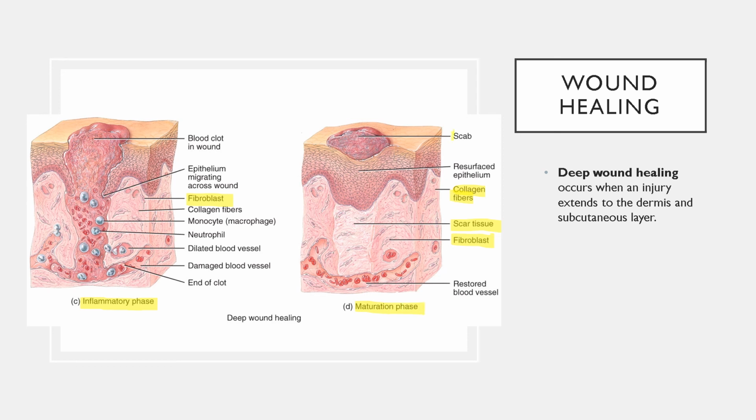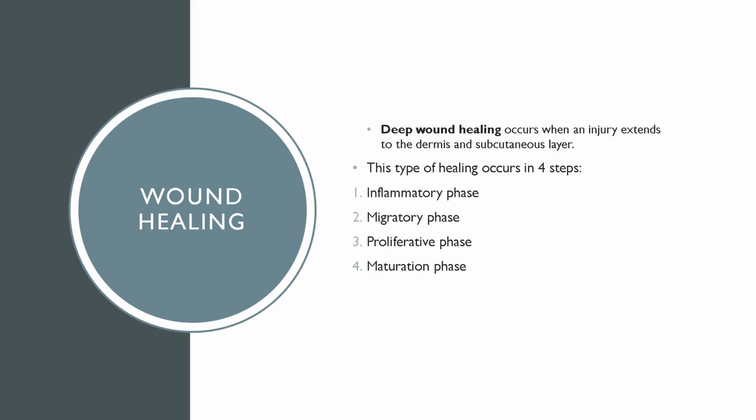And this is the phase where the scab is formed. So deep wound healing actually consists of 4 different steps. We have step 1 is the inflammatory phase, step 2, the migratory phase, step 3, the proliferative phase, and step 4 is the maturation phase.